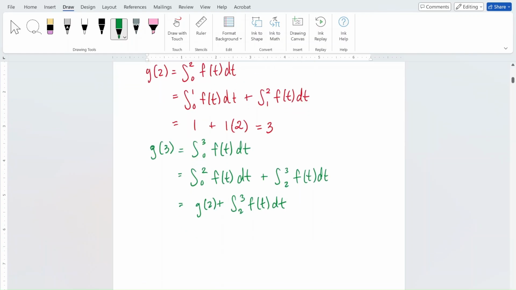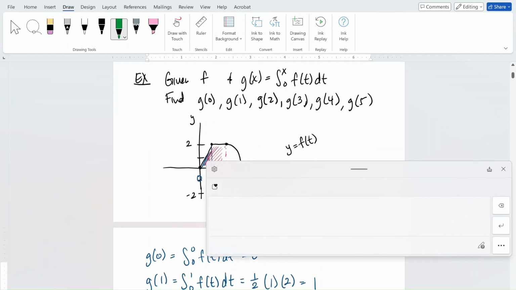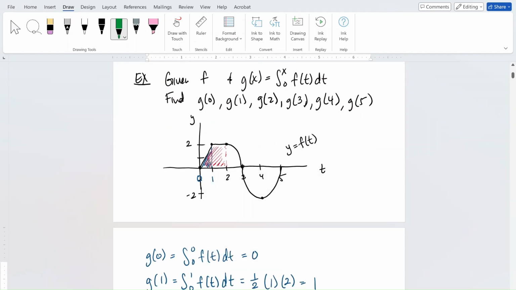I know that the first part, right here, this region in green, is 3. However, this region that I'm going to shade in green, but in the other direction for the moment, I don't know that. However, I can at least estimate, because if I drew this triangle that I'm shading in very clearly, that's the same thing as from 0 to 1, which we knew was 1. The area of this triangle is 1.